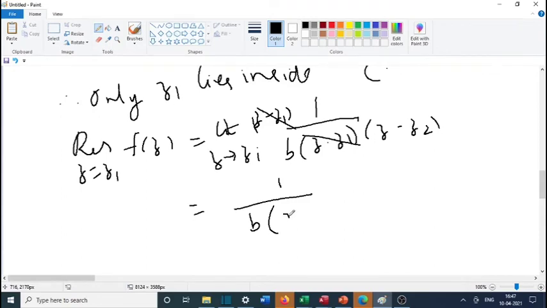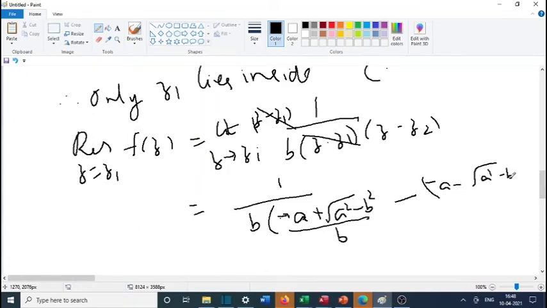When we put in z1 and z2, z1 is minus a plus square root of a square minus b square by b, minus minus a minus square root of a square minus b square by b.